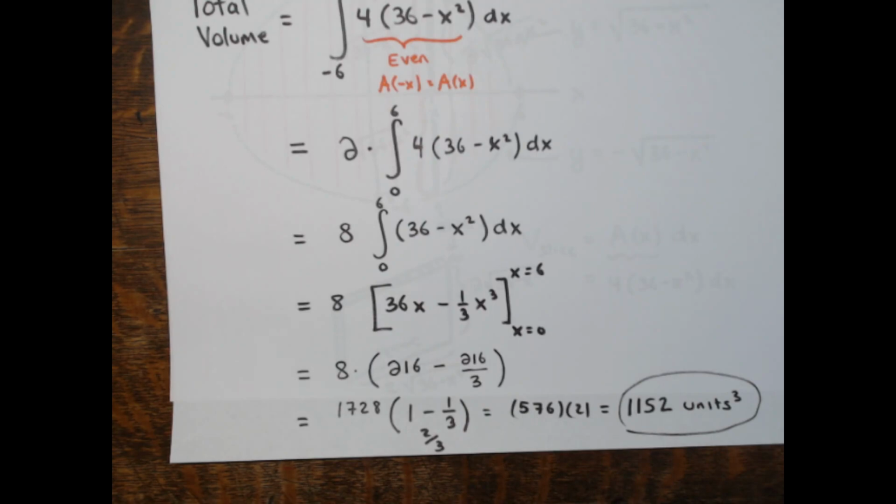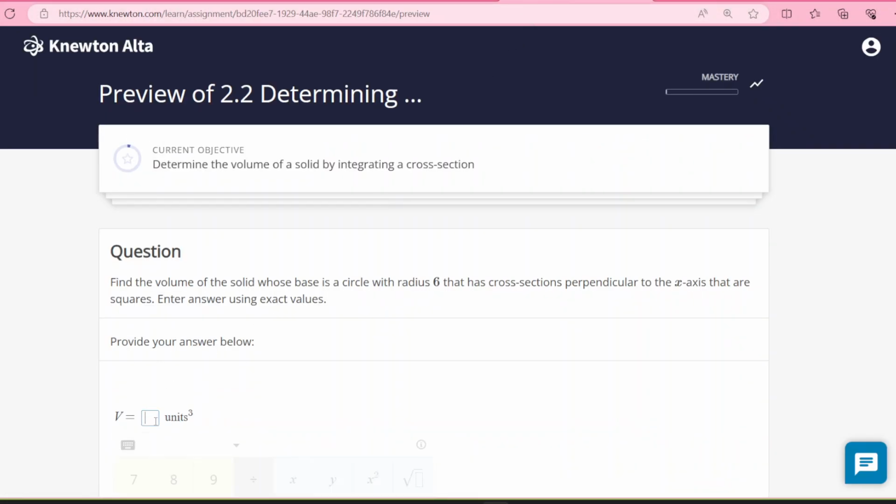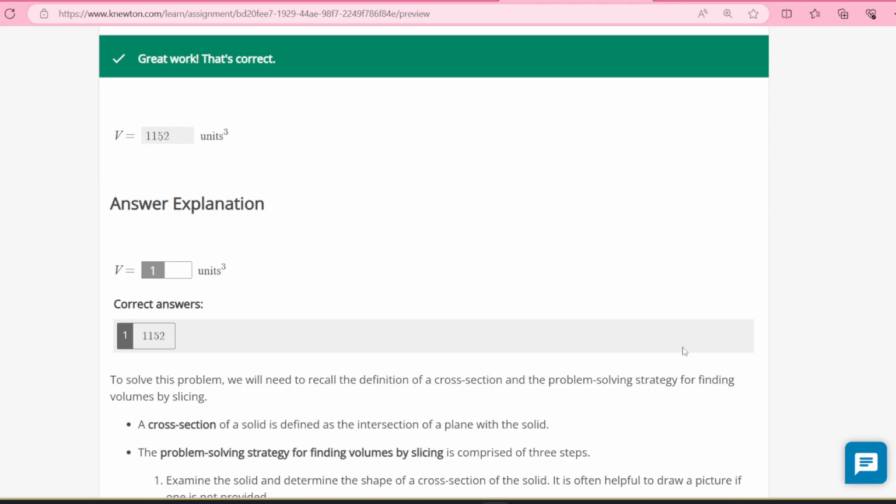So in future questions, when I realize that something's going to be rational, I'm going to go to Desmos and just type it in. Makes things a little faster. And you can do that too, of course. All right, so back in the assignment, 1,152 cubic units. Wonderful.